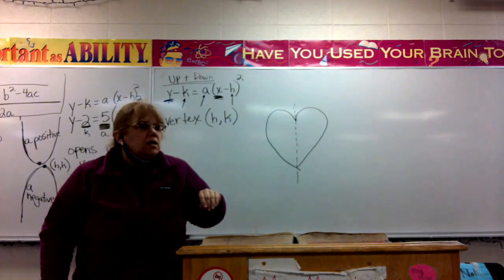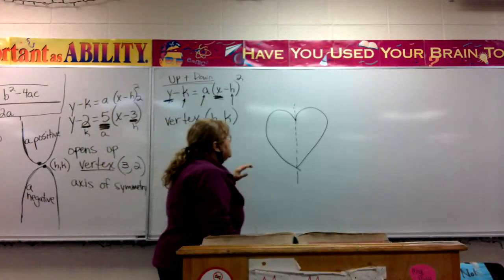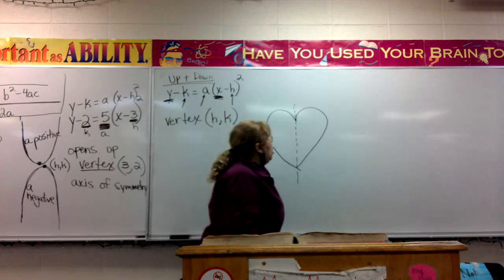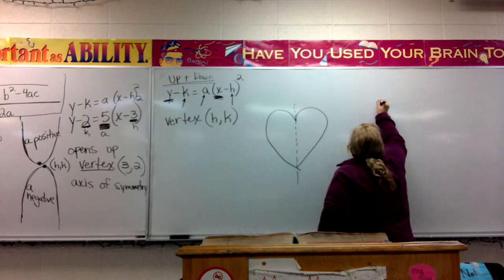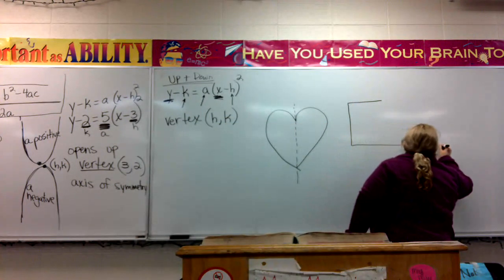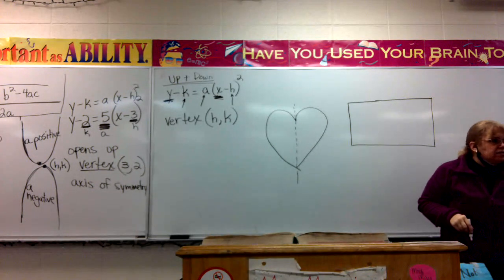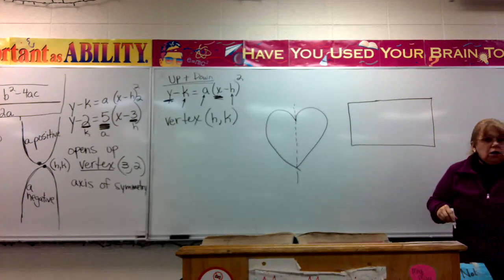In elementary school, I think I remember you'd have to put a dotted line in there. Or if it was a rectangle, could you put a line of symmetry in that? You probably could put more than one.